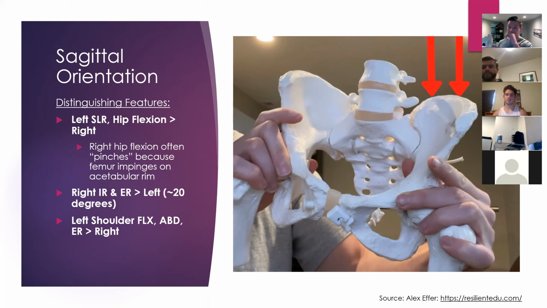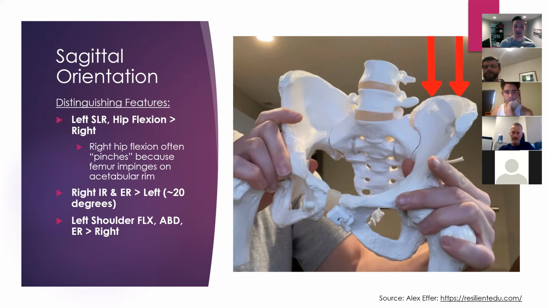If you guys watch that Bill Hartman video on mistakes people make when they interpret range of motion, you have to understand where they're starting on the table. So they're rolling, they're here. So this is much easier, but then that right hip is often going to pinch because it's going to get stuck within the acetabular rim because it's got nowhere to go. So it'll often pinch at 90 because it's totally jammed up.